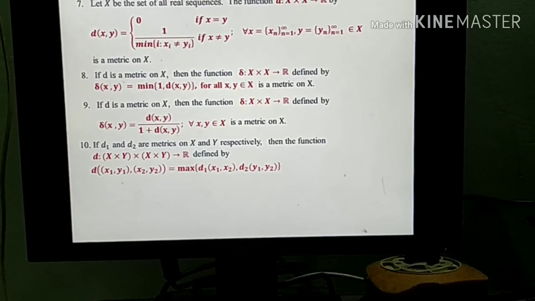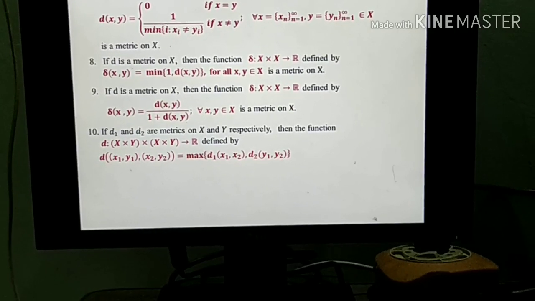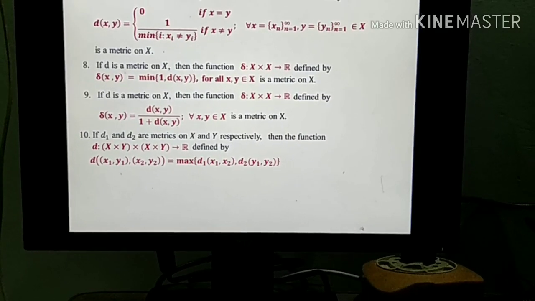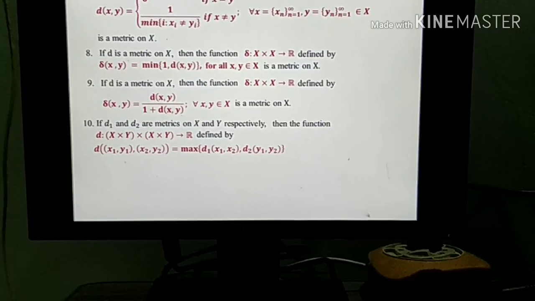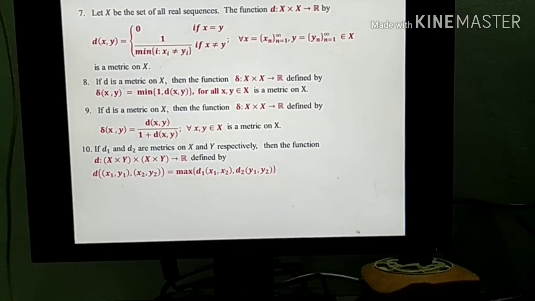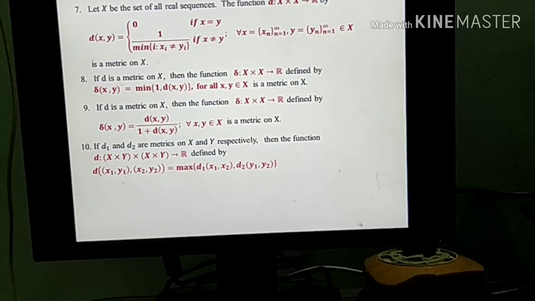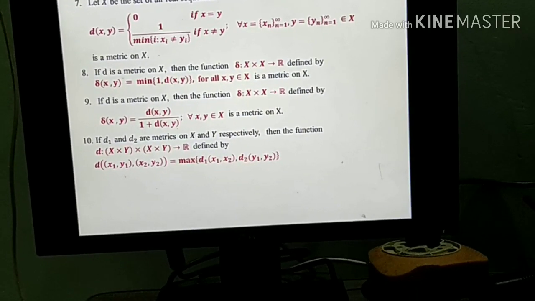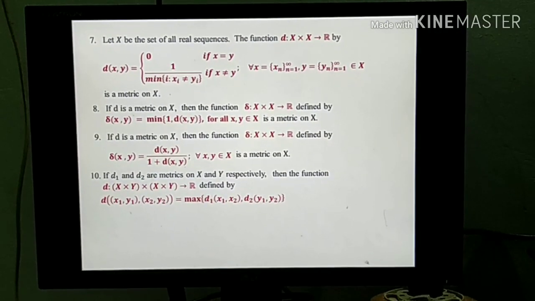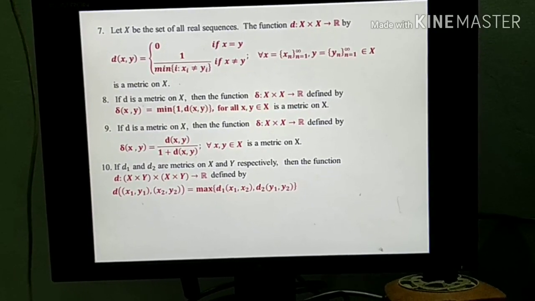For the second property, if I consider d((x1, y1), (x2, y2)) equal to 0, then the maximum of these two distances becomes 0. As the maximum of these two distances is 0 and none of them is negative, both distances must be 0. d1(x1, x2) is equal to 0 and d2(y1, y2) is equal to 0, and that is possible if and only if x1 is equal to x2 and y1 is equal to y2, because d1 and d2 are already metrics on X and Y. Therefore it implies that the ordered pair (x1, y1) is equal to (x2, y2).